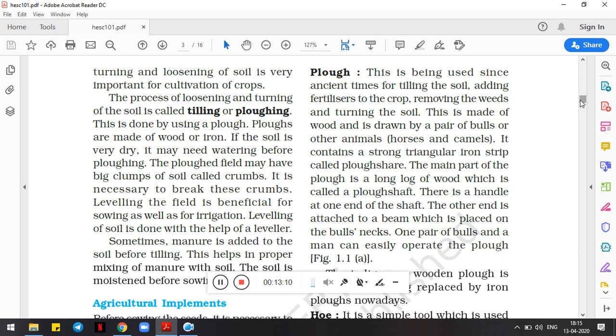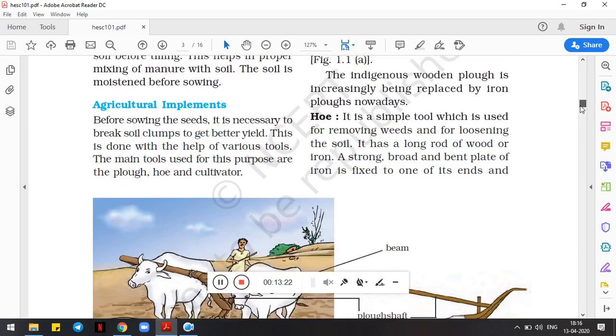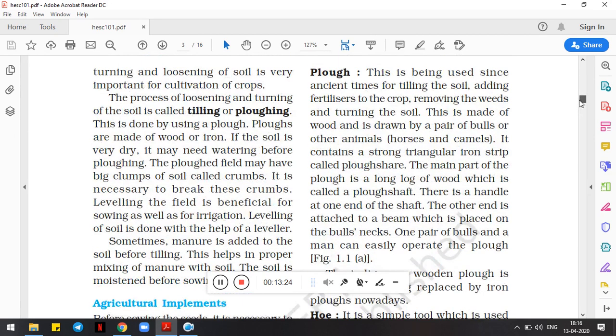So which agricultural implements can we use? We can use plow and tractor also. And farmers can add some manure at the same time.